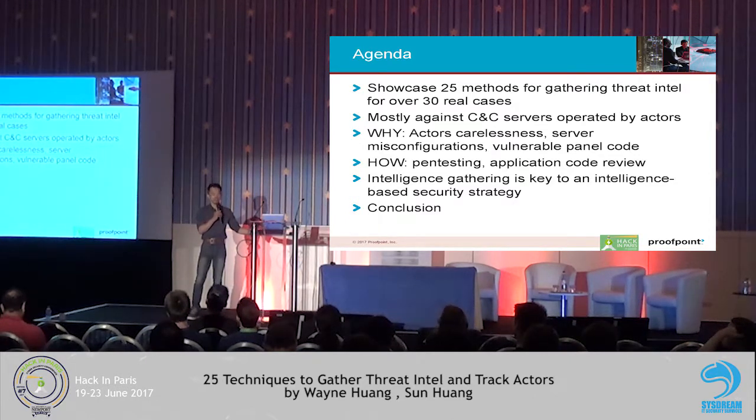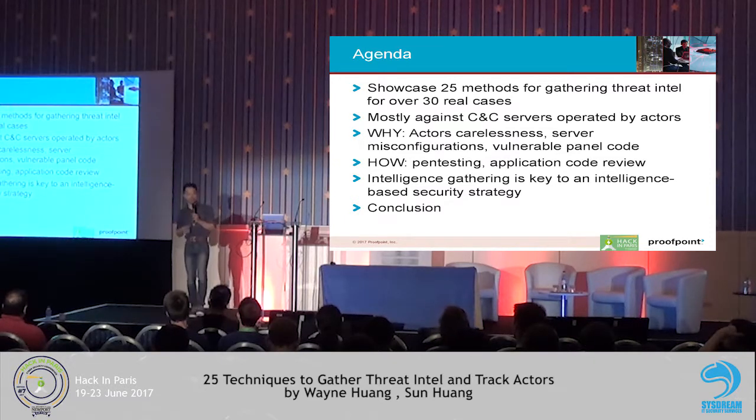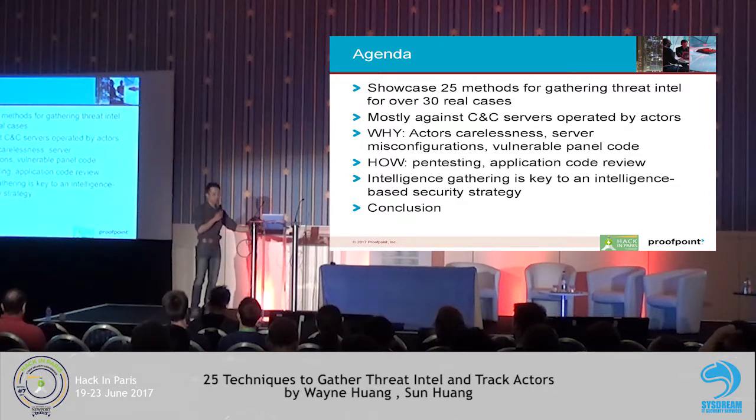They don't take care of their security well. They have misconfigurations, and they have vulnerabilities inside their code. The techniques we use are mostly pen testing and code review techniques. And we'll show you how intelligence gathering is key to an intelligence-based security strategy today.